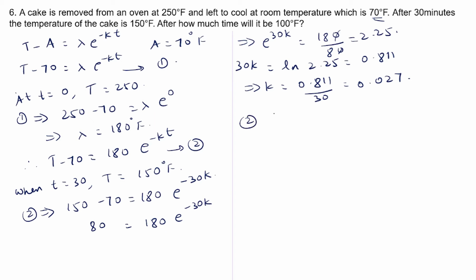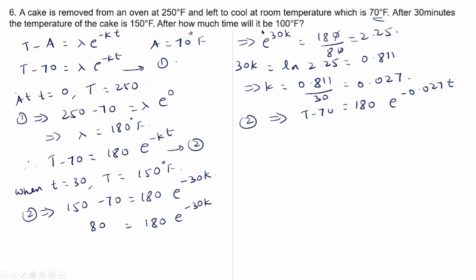So we have the model here. So 2 implies T minus 70 is equal to 180 into e raised to minus 0.027 t.